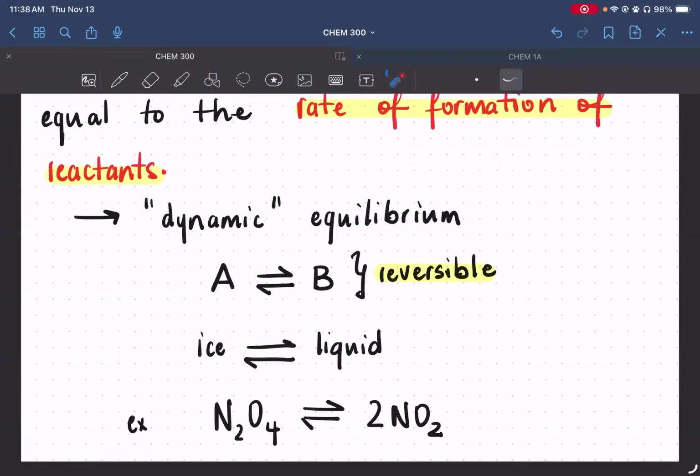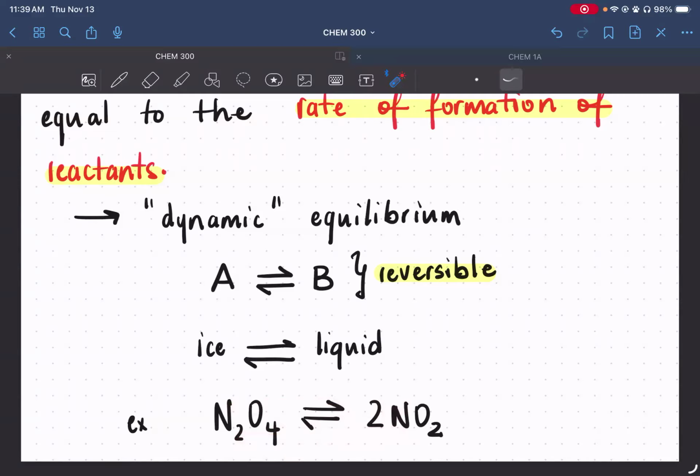Remember what reversible means? It means that it can go in the forward direction, it can break down, and it can go in the reverse direction, combining to reform your reactant. Equilibrium is established when the rate of the forward is equal to the rate of the reverse.